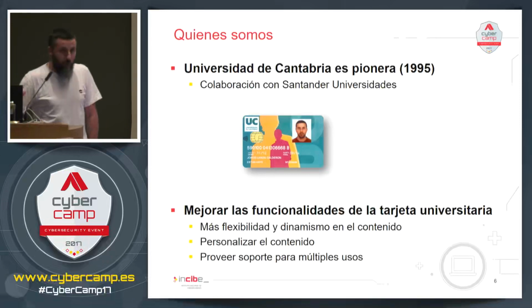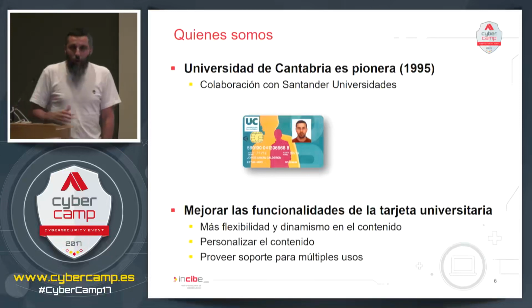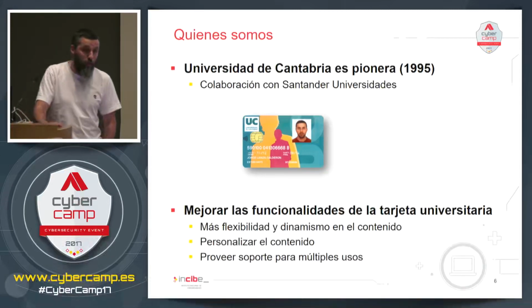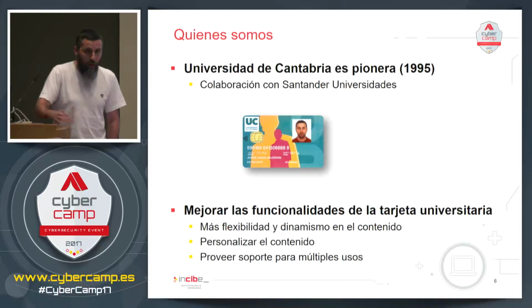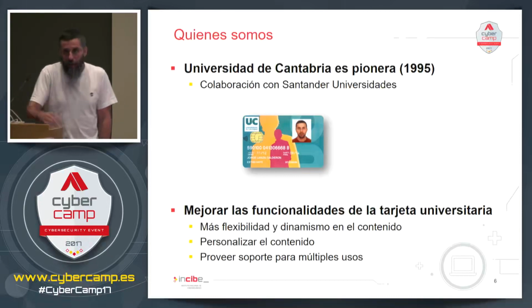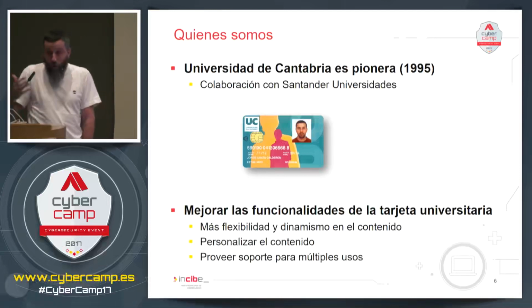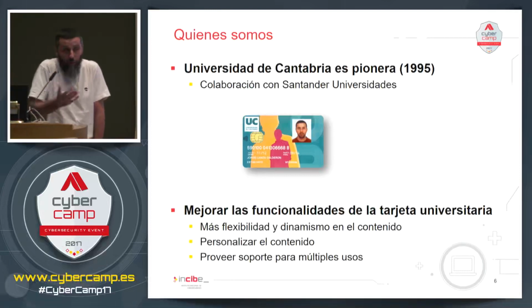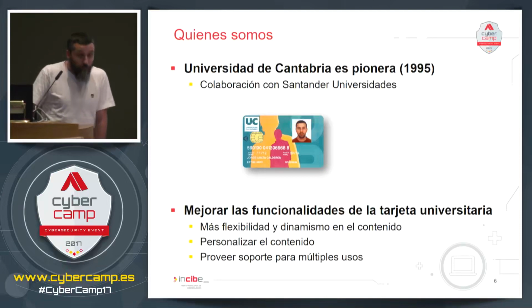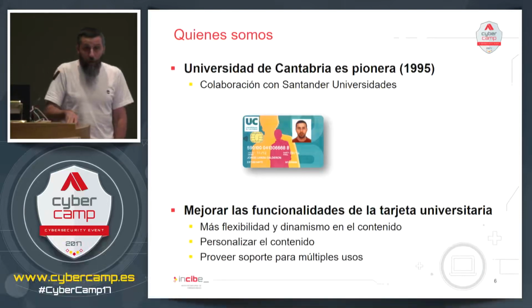So they spoke with Banco de Santander, this bank in Santander, that has a program called Santander Universities, which tries to help universities for very specific purposes. In this case, our director told the people in the bank, we want to have a more secure platform.